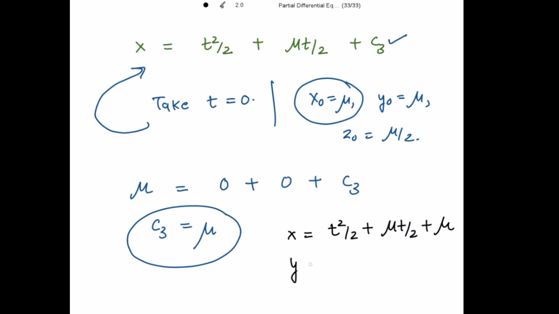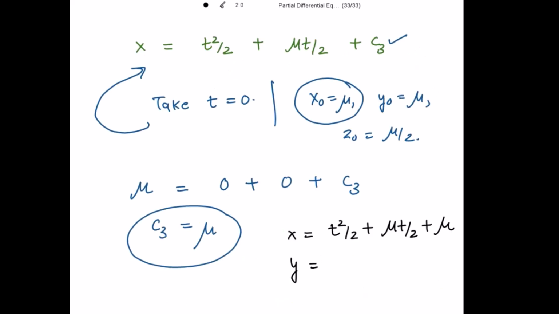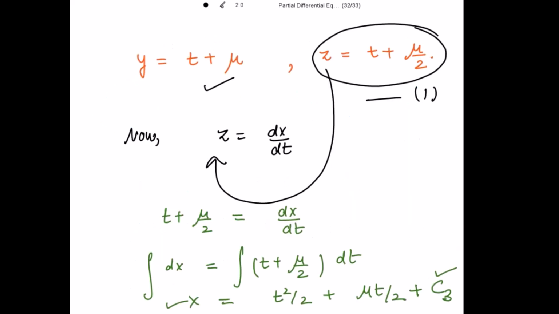And also we are having y to be equal to t plus mu, or mu plus t. And now from these two equations, we need to get the value of t and mu in terms of x and y, because we need to find the value of z, right? Finally, we need to get the value of z.